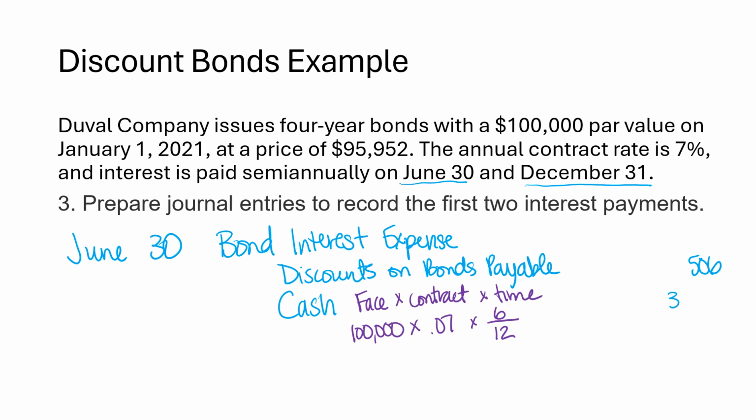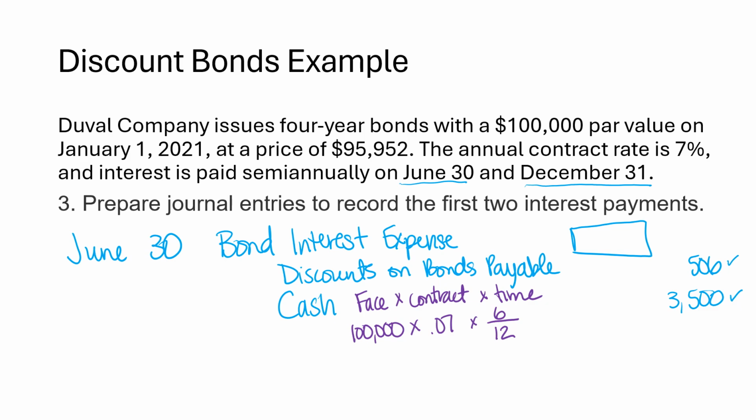So $3,500. We need to know what our debit to bond interest expense will be. So what we do is add the cash amount plus the discount on bonds payable. We are just adjusting that through interest.